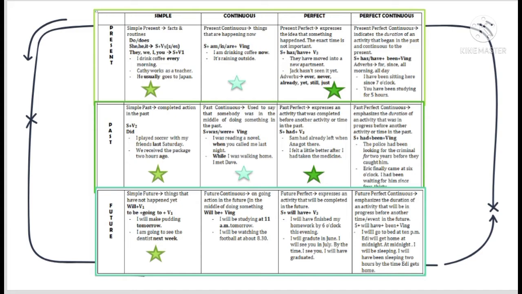After that, present continuous, past continuous, and then present perfect, past perfect. So there are 7 tenses that we have discussed, especially in positive or affirmative sentences. And now we are going to discuss negative sentences and questions, or interrogative.